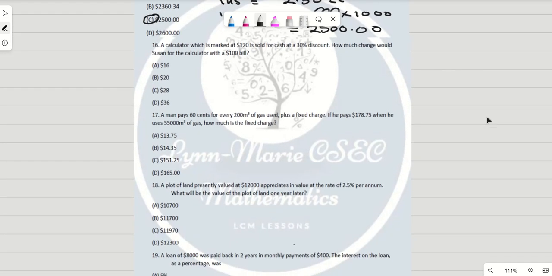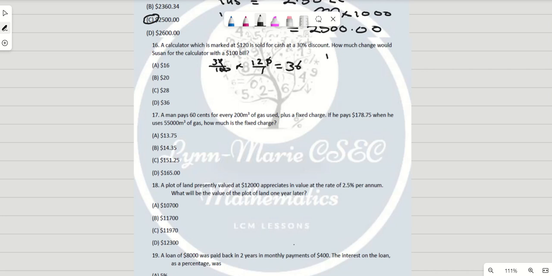right? 16, a calculator was marked at 120, is sold for cash at 30% discount. How much change would Susan receive for a calculator with a bill of 100? I believe this is a question that we did already. Let's do it, right? We know that 30% discount would be 30 over 100 multiplied by 120 over 1. Cross out the zeros, we get $36. So it's $36 off.